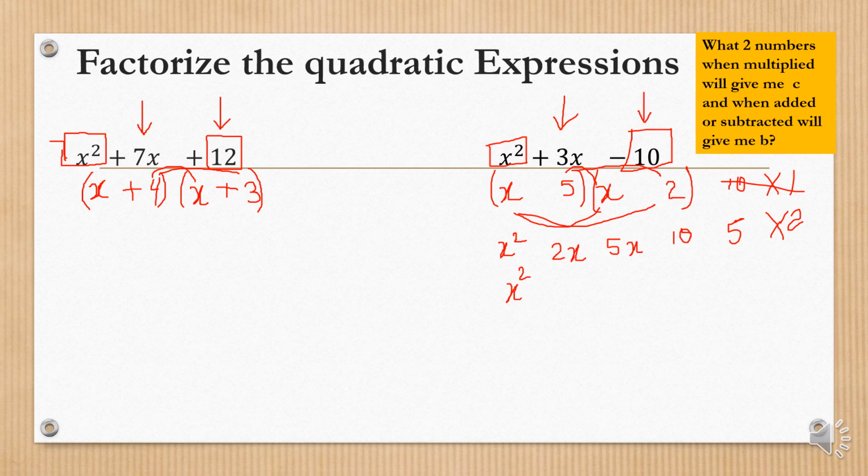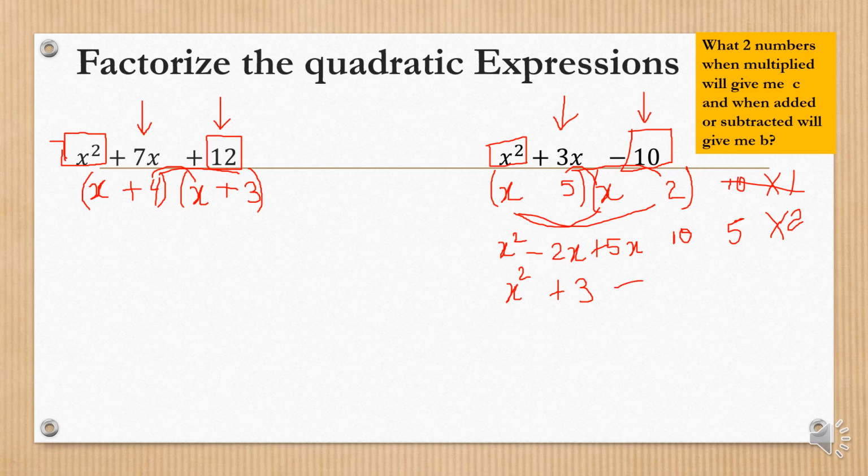What will be my signs? I have 2 and I have 5. What signs can I have there to get positive 3x? Let's try. If I have minus 2 plus 5, what am I going to get? Minus 2 plus 5 is going to give me a positive 3. You see why I'm doing my signs after? And then the only term without x is 10.